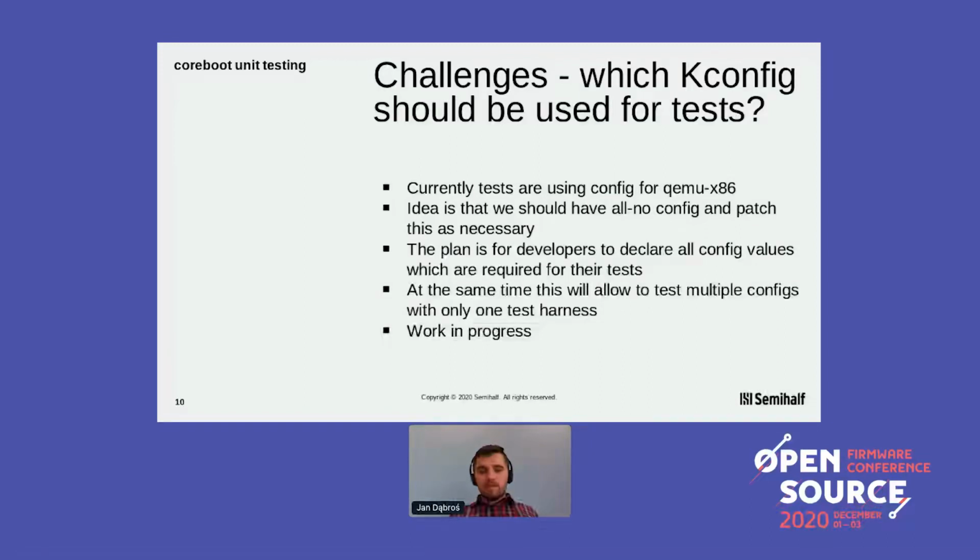So how do we want to solve this? Basically, the idea is that we'll have no config at all, and the developer writing tests needs to provide valid values for all configs which are used by the unit under test.